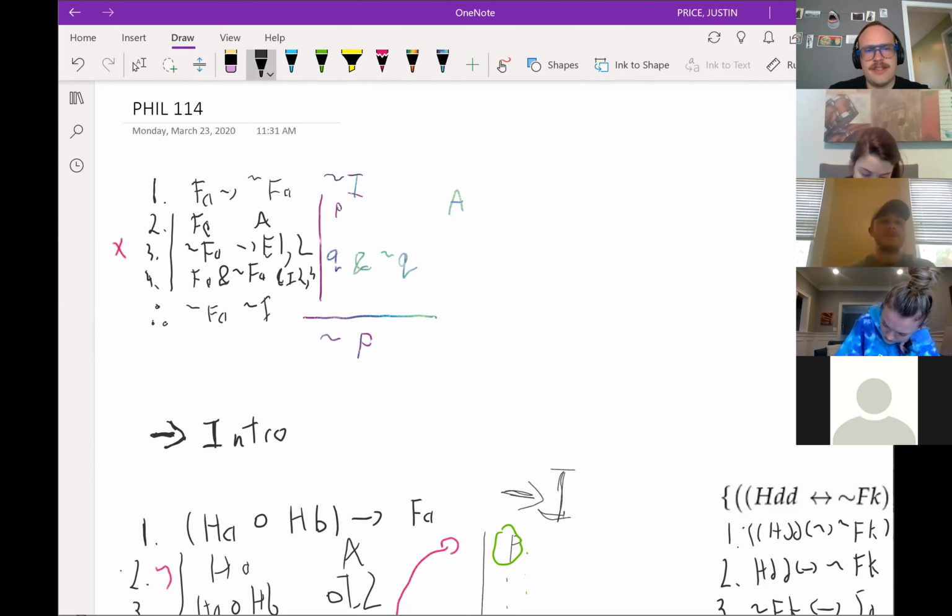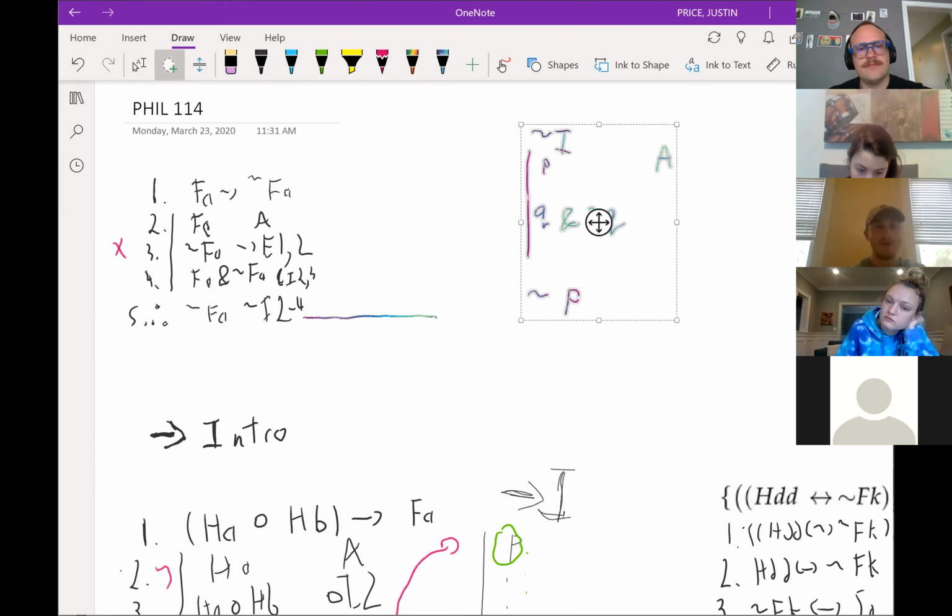And that counts as the Q conjunction negation Q for finishing our derivation. And since we have that requirement met, we finish our derivation.